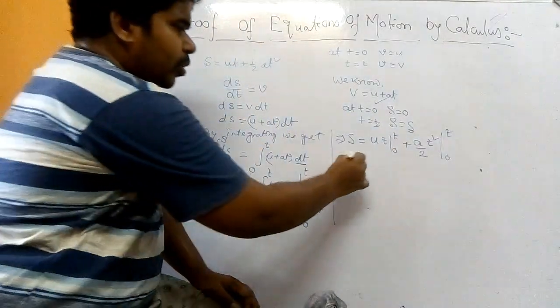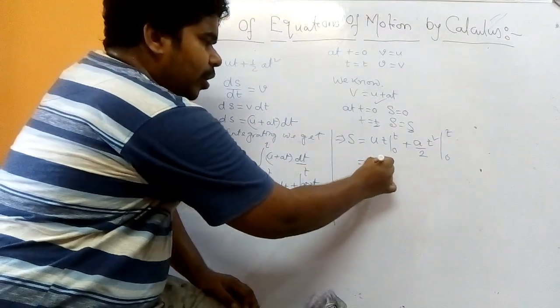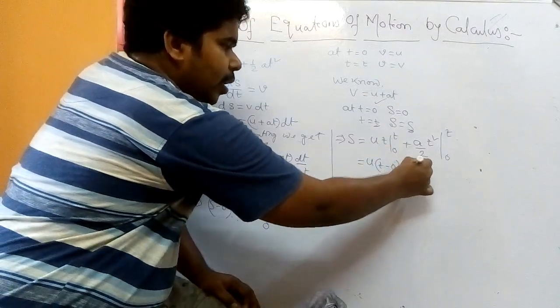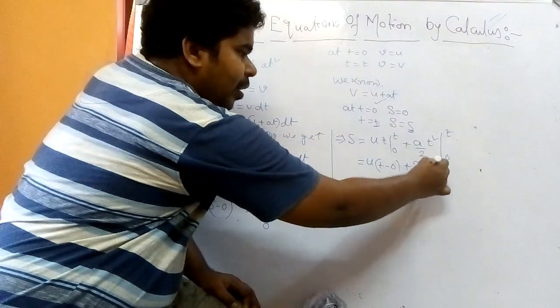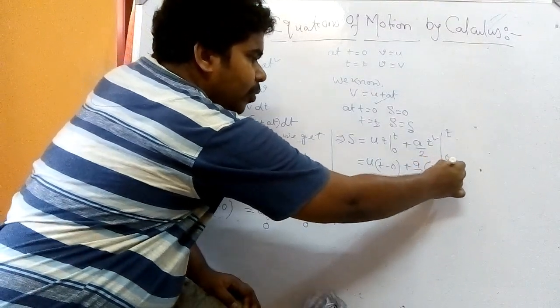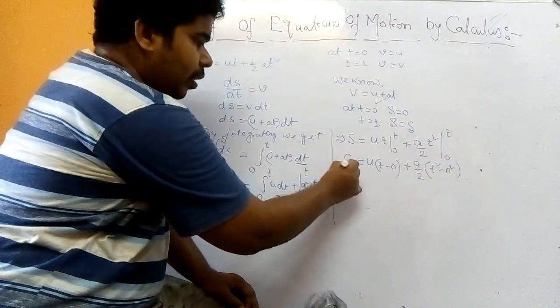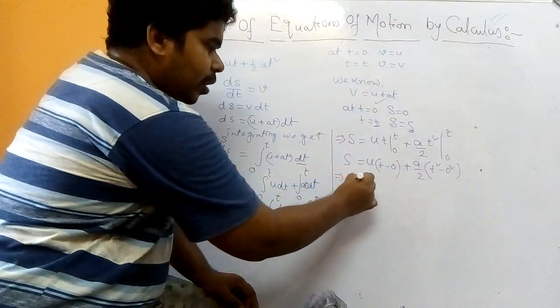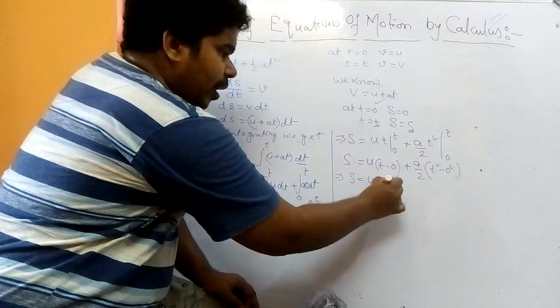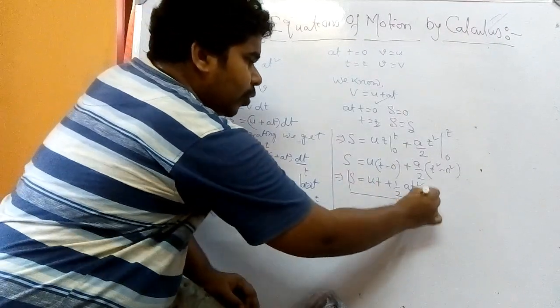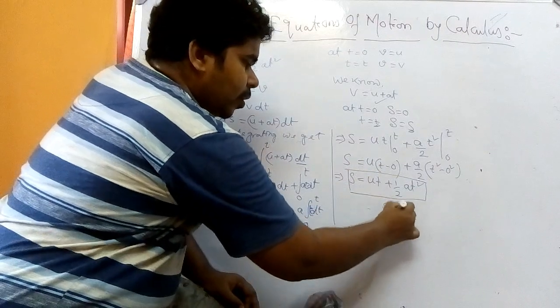Okay, now put the value u into t minus 0, upper limit minus lower limit, plus a by 2 into t square minus 0 square. Same thing, upper limit minus lower limit. And now your s will come ut plus half a t square. So your equation is proved.